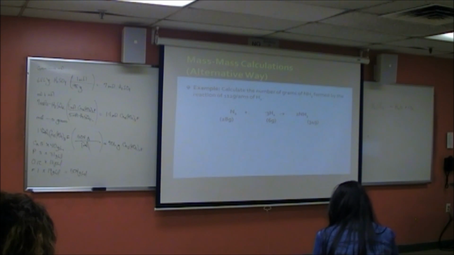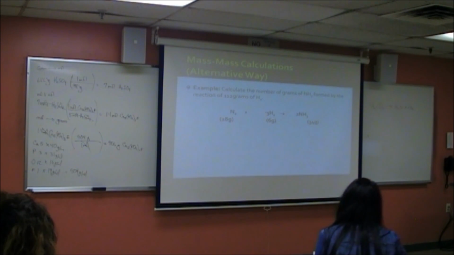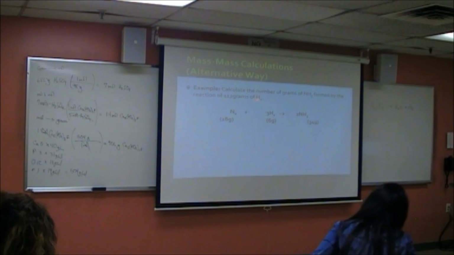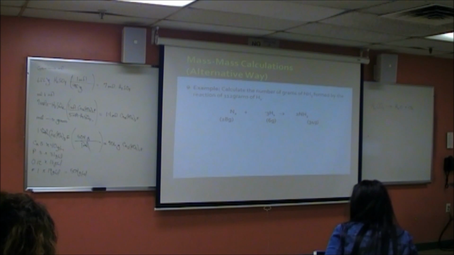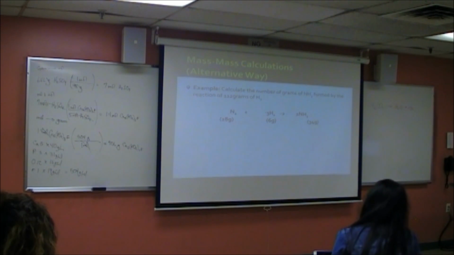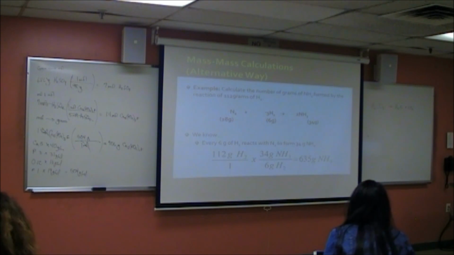So what goes on the outside? 112 grams of hydrogen gas. What goes in your brackets now? 34 grams of ammonia on top and 6 grams of hydrogen gas at the bottom. You cancel out your hydrogen gas, you multiply across, divide by the bottom, you get the same thing.